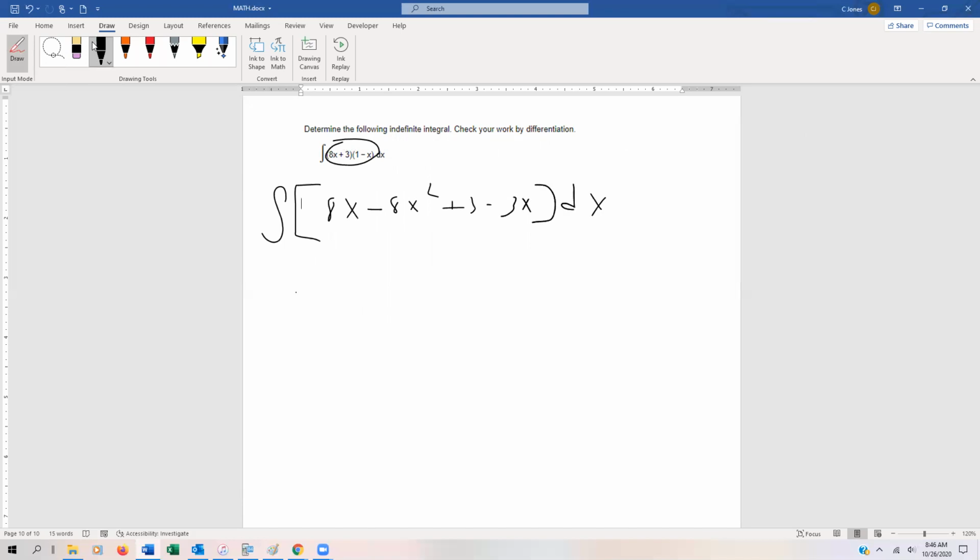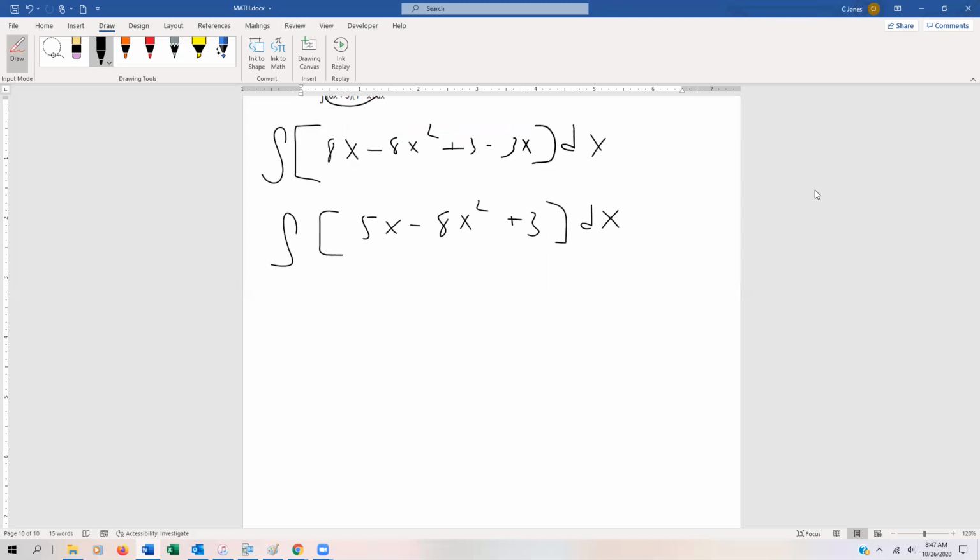Or another way we could write this is 5x minus 8x squared plus 3 dx. If we wanted to separate this into three integrals, we could write this as 5 integral x dx minus 8 integral x squared dx plus 3 integral dx.